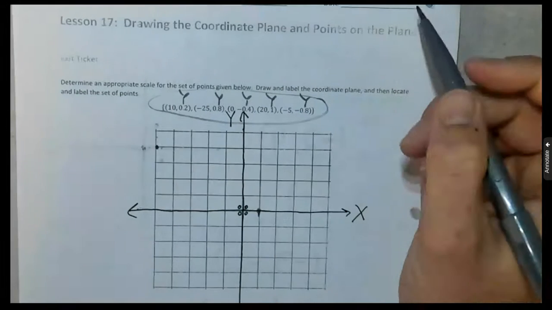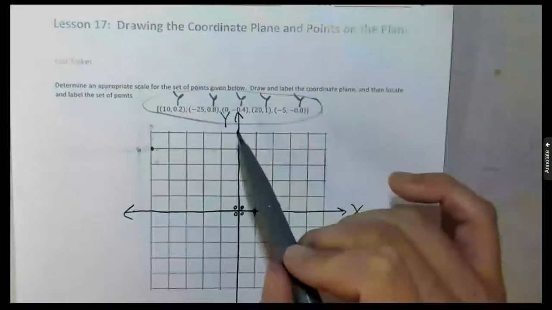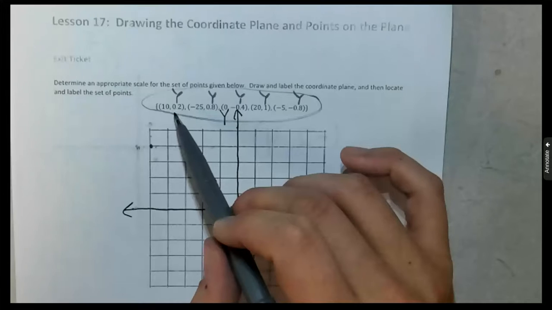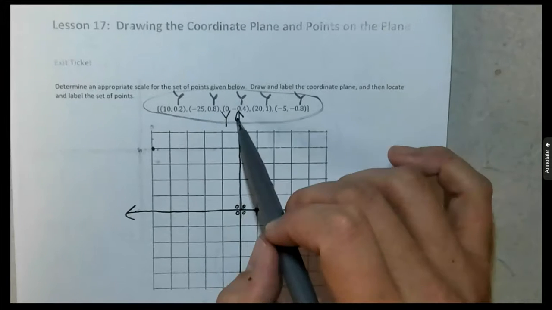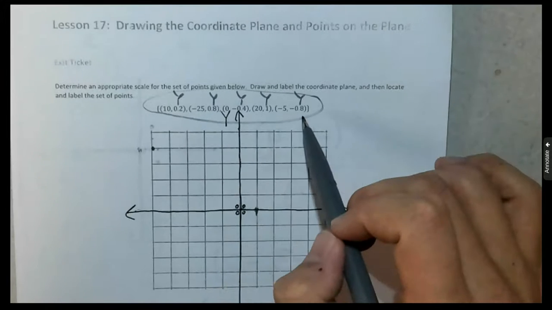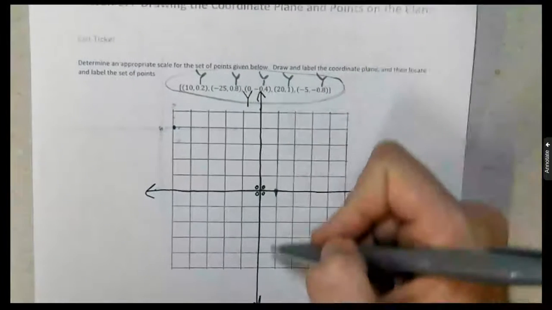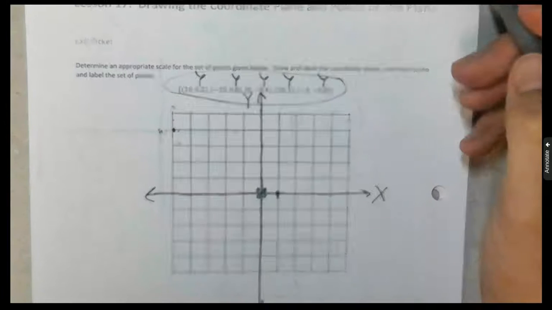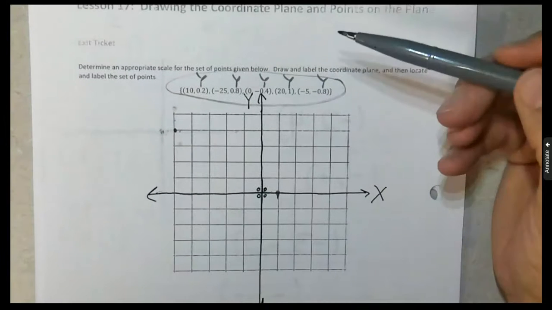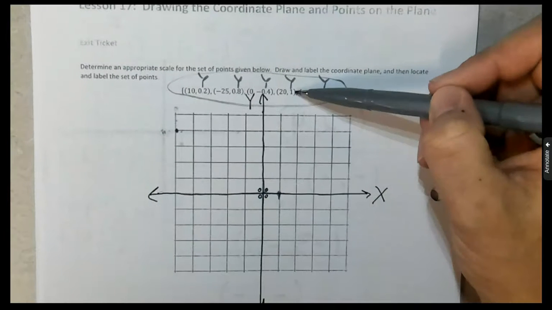If we look at our y's, we have 0.2, 0.8, -0.4, 1, and -0.8. So our y going up and down should only be, it looks like, at most 1.